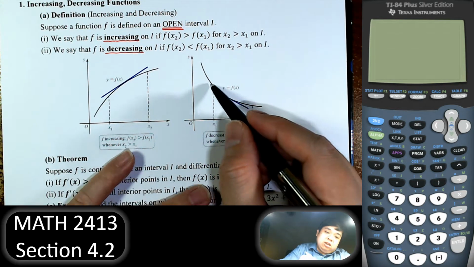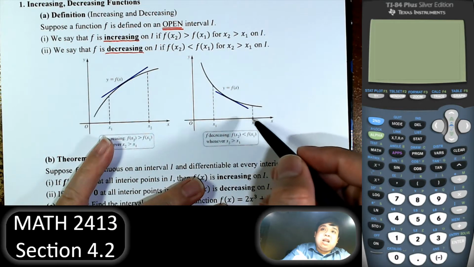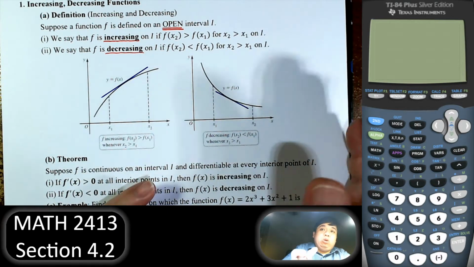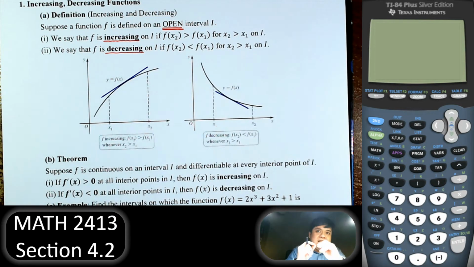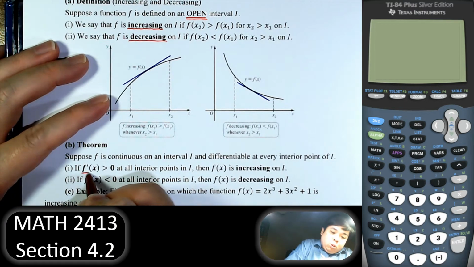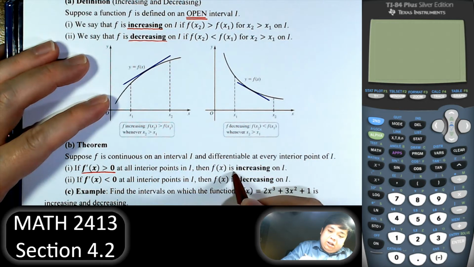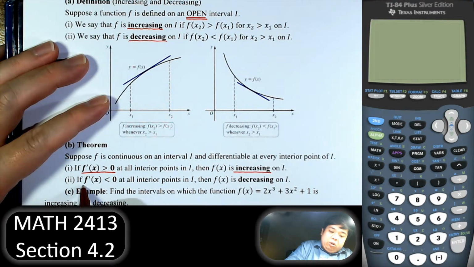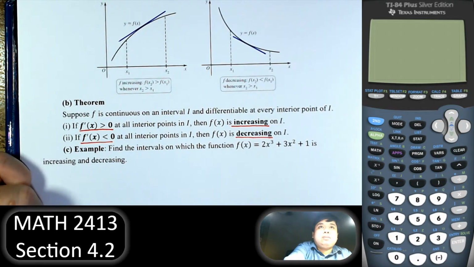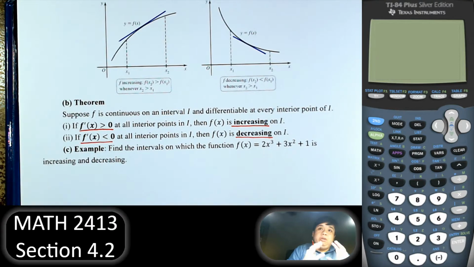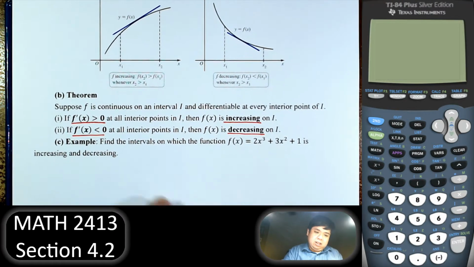Here the tangent line goes down, slope is negative, so derivative is negative. So that ties exactly to increasing and decreasing. Where derivative is positive, the function is increasing. Where derivative is negative, the function is decreasing. So derivative is related directly to increasing and decreasing of a function. There's no surprise there.